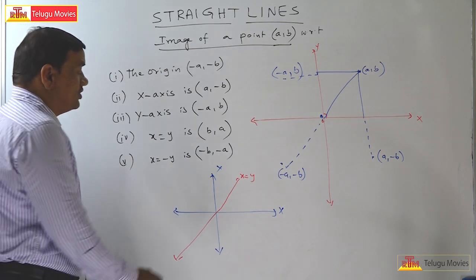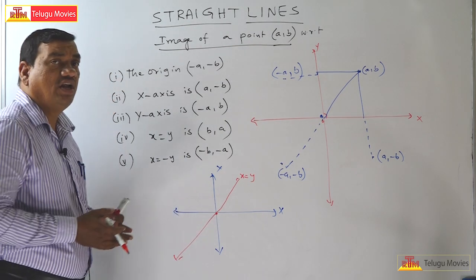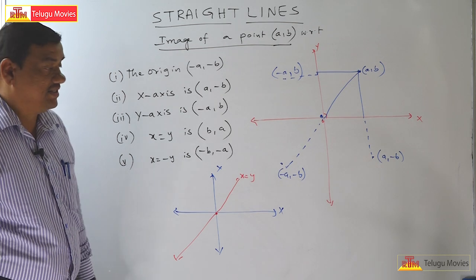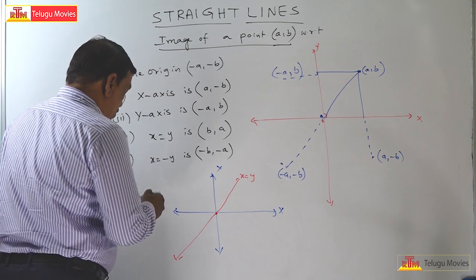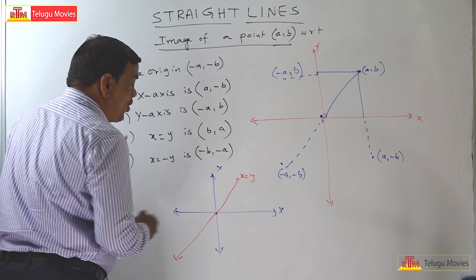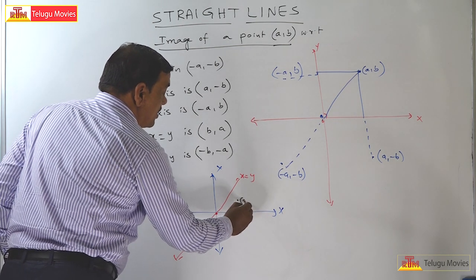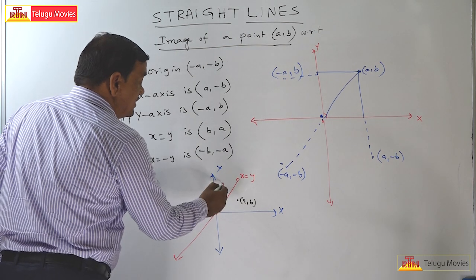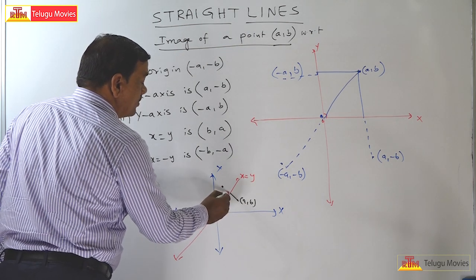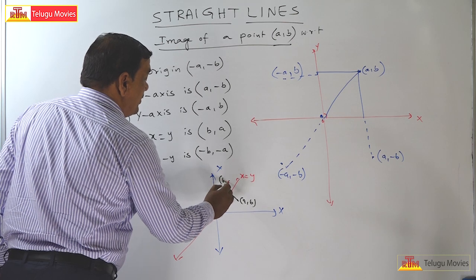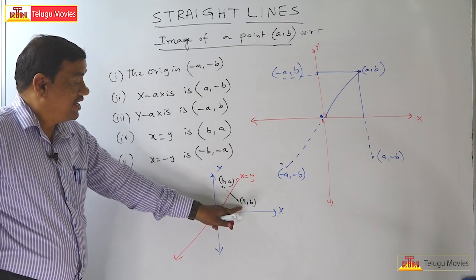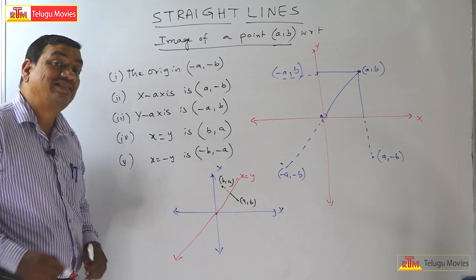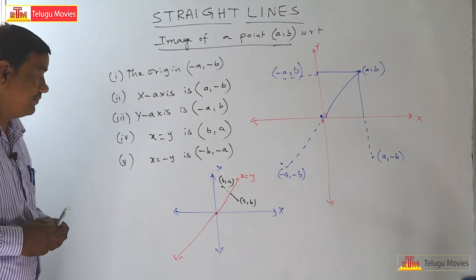Okay? If you want to be particular, it makes 45 degrees with the x-axis. Now if we want to find the image of the point a comma b with respect to x equals y, its image will be here. So this is b comma a. The image of the point a comma b with respect to x equals y is b comma a.